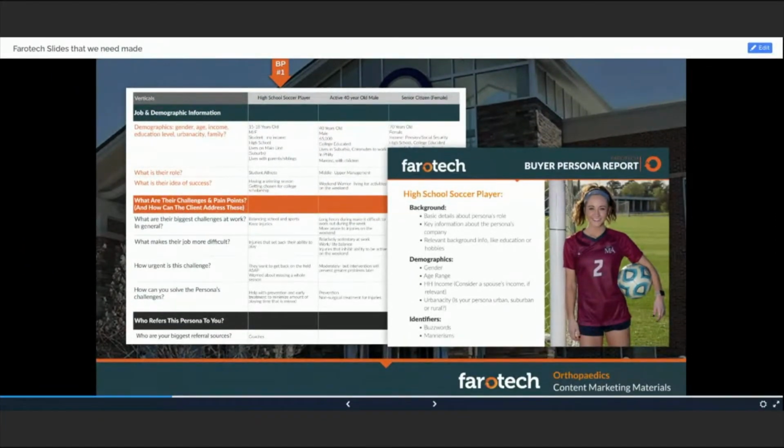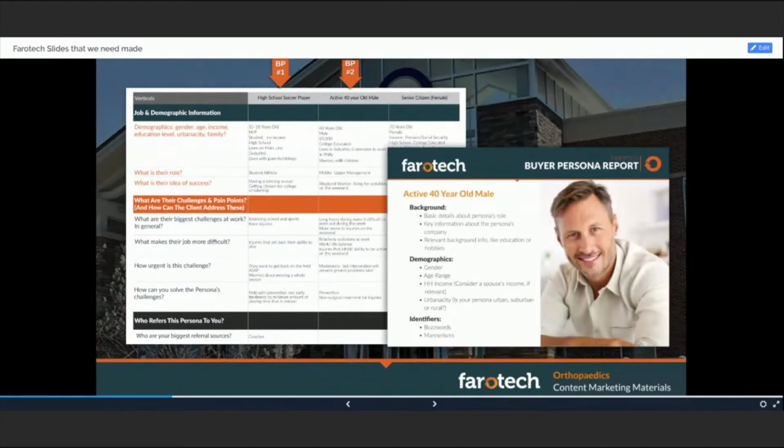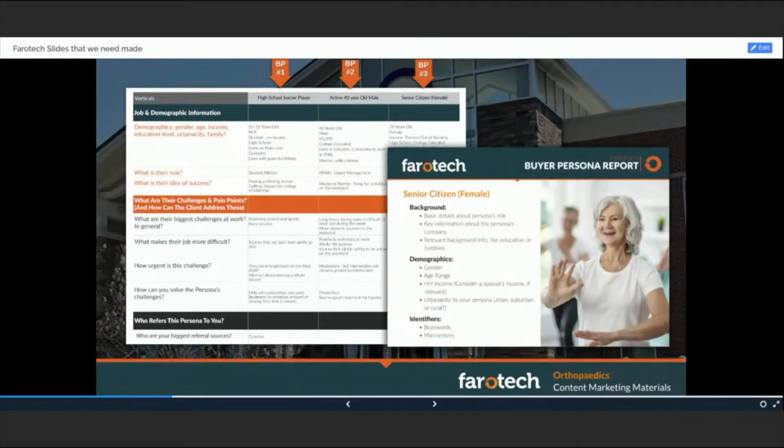When we develop buyer personas, we're trying to figure out who are the people specifically that might be buying your products and services. In those exercises, we identify who these ideal buyer personas are, and then we put it into a grid and see how it changes from one buyer persona to the next.